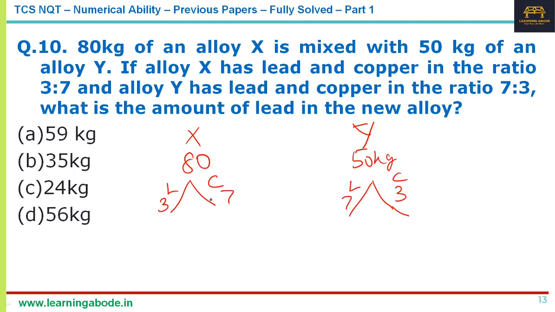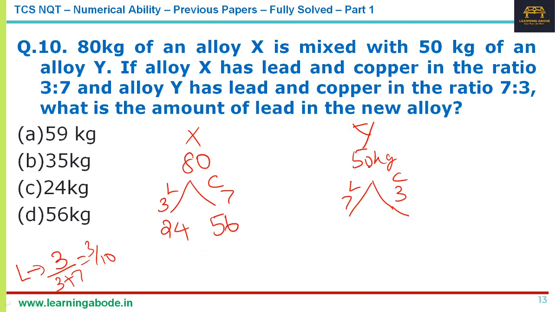So 3 and 7 means there are 10 parts in total. What is the proportion of lead? Lead would be 3 out of 3 plus 7, so that's 3 by 10. 3/10 of 80 would be 24, and the proportion of copper is 7 by 10, so 7 out of 3 plus 7, which will be 56.